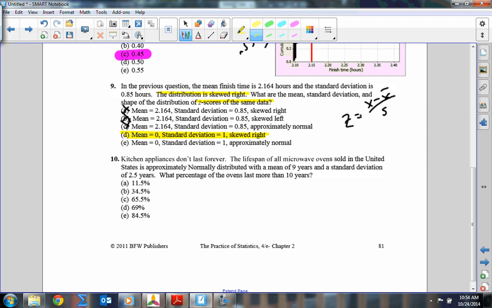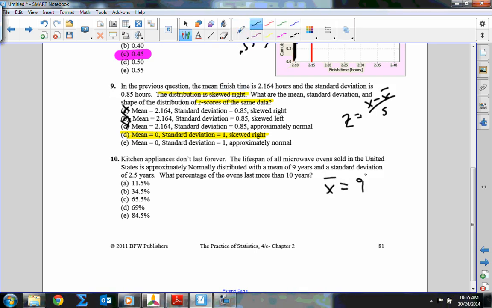Number 10, kitchen appliances don't last forever. The lifespan of all microwave ovens sold in the United States is approximately normally distributed with a mean of 9 years and a standard deviation of 2.5. What percent is going to be more than 10?